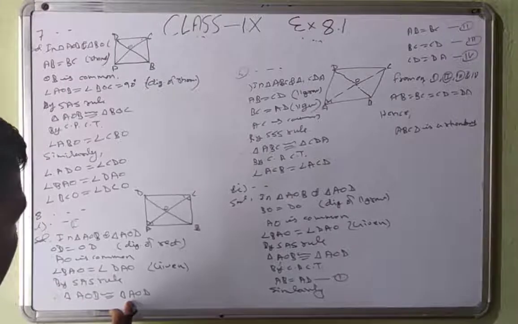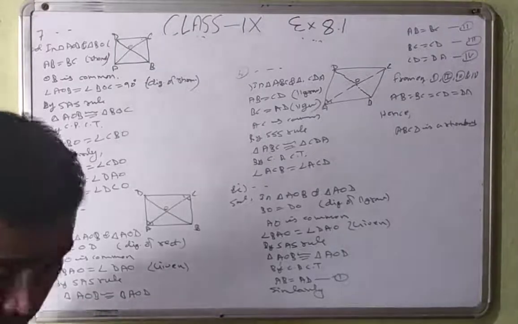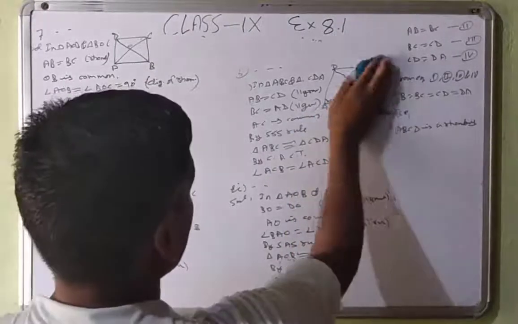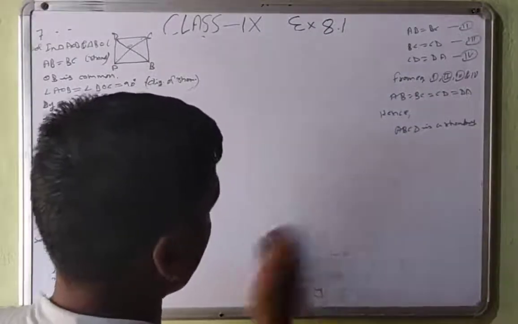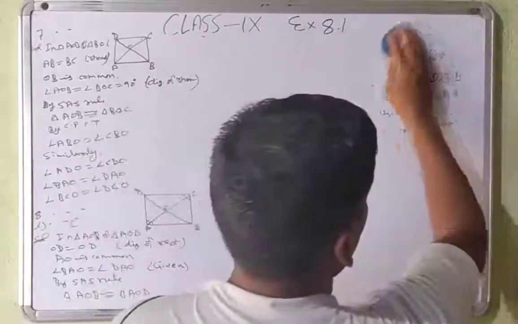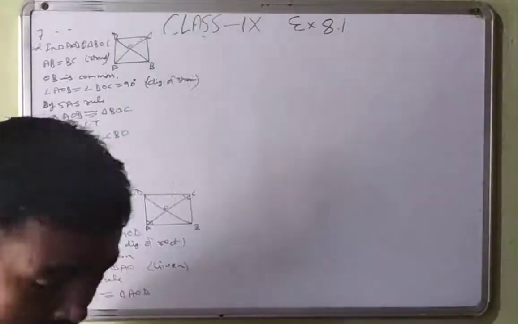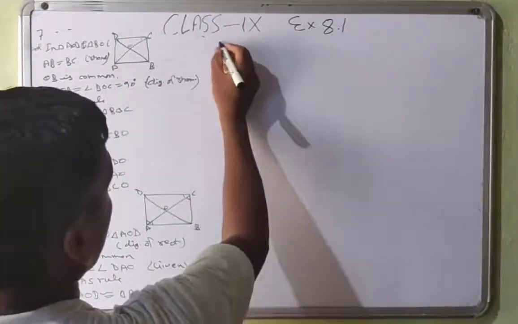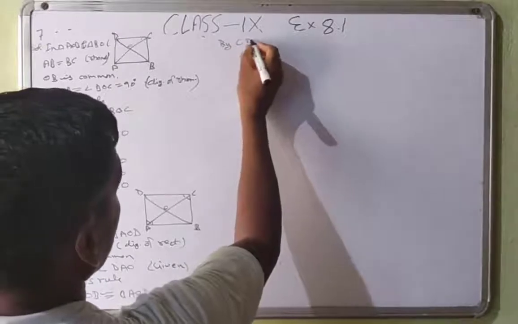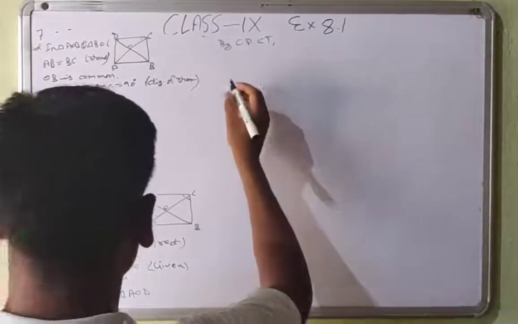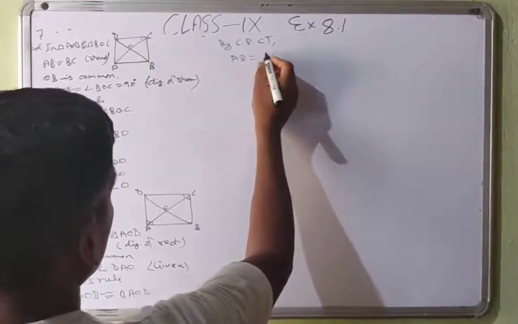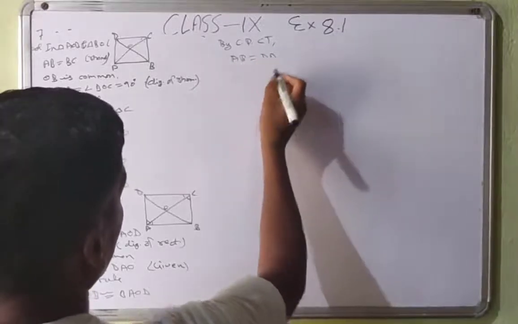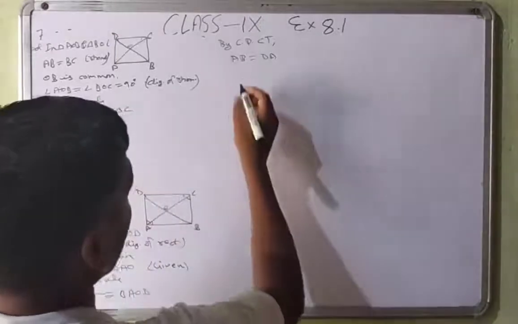Then by CPCT, corresponding parts of congruent triangles, that's the full form of CPCT, AB is equal to DA.